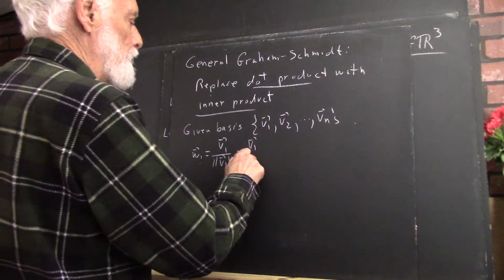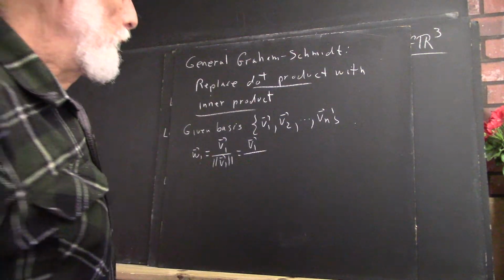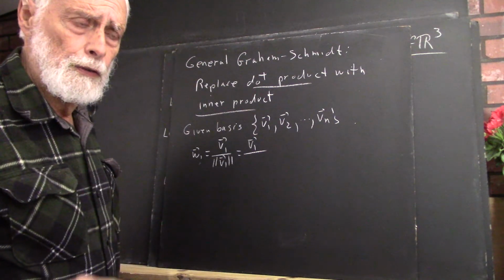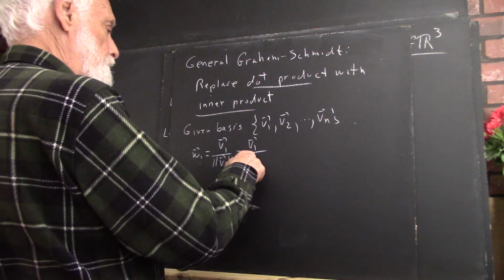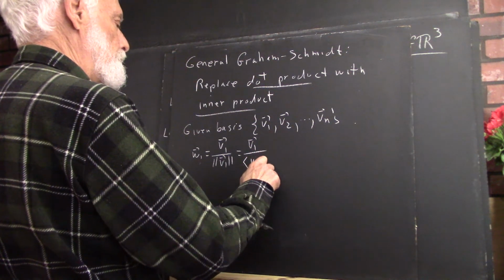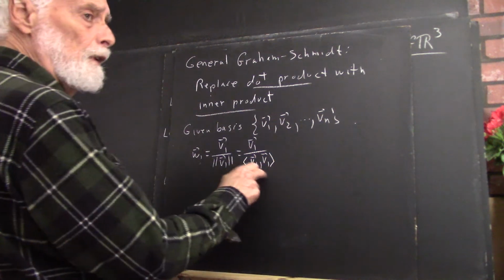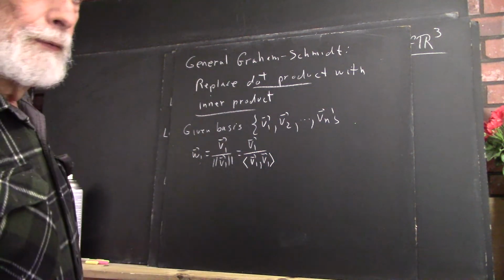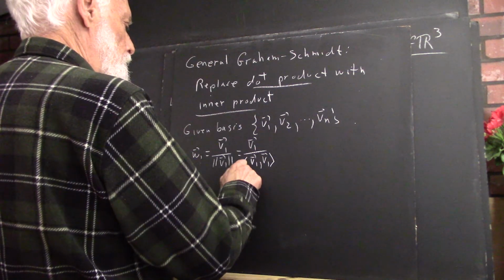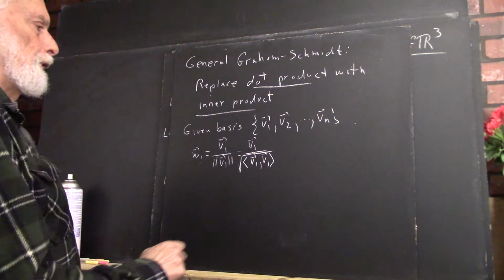Now, I just tried to take a look at your book because I don't pay that much attention to notation. I think the notation your text uses for a general inner product is pointy braces with the 2 vectors. And here it would be the square root of this inner product.